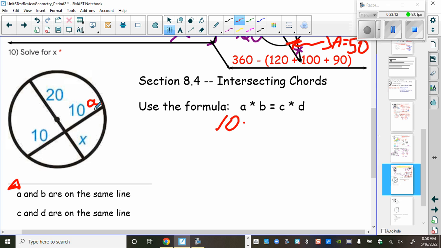So this value of 10 is A. Then this value of 10 has got to be B. Once you get your A, you've got to stand in line to get the B. And then with C and D, doesn't matter what they are at this point. So 20 could be C, x could be D, or if you flipped it, if you said D, C, that's all right.